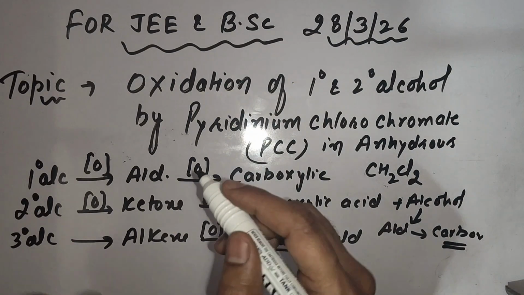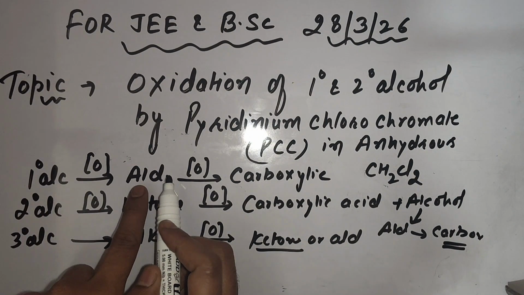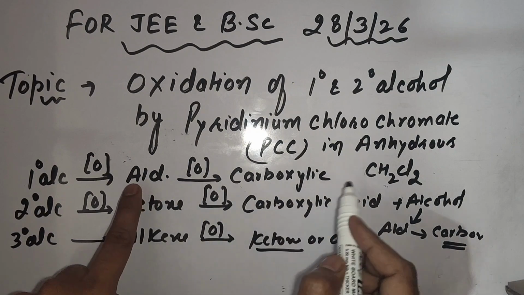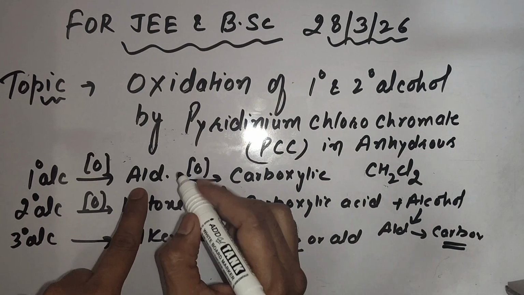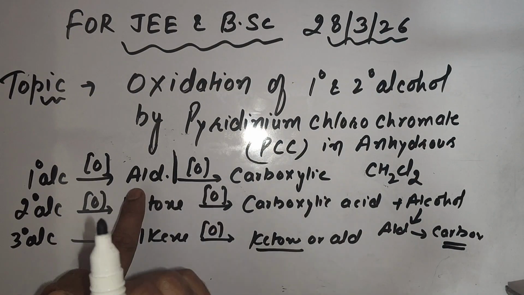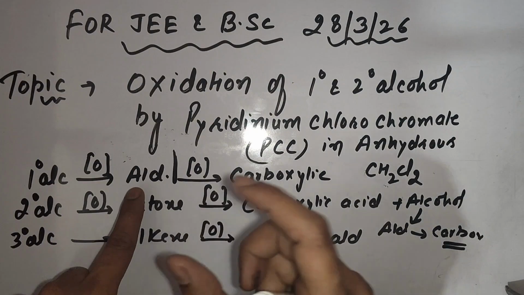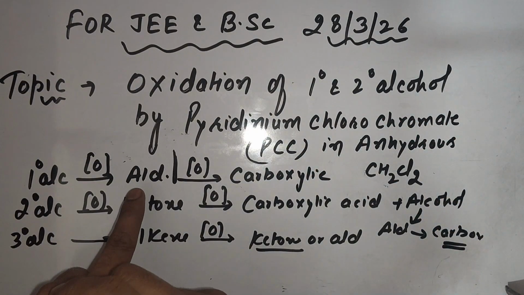Now suppose I want to convert 1 degree alcohol into aldehyde. I don't want carboxylic acid. I want to stop reaction up to aldehydic stage. In this condition, I can use this oxidizing agent, PCC. They are weak oxidizing agents.